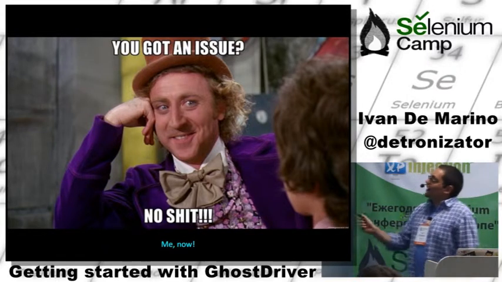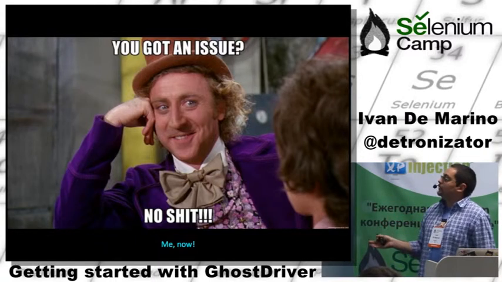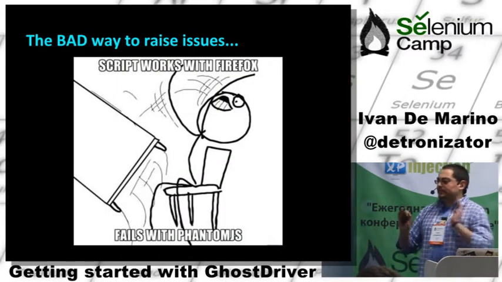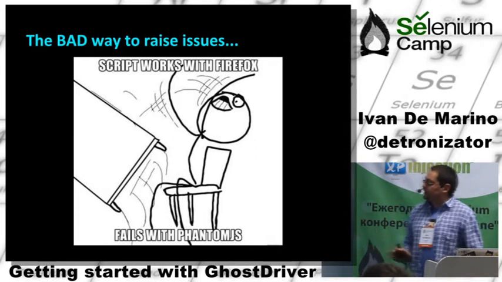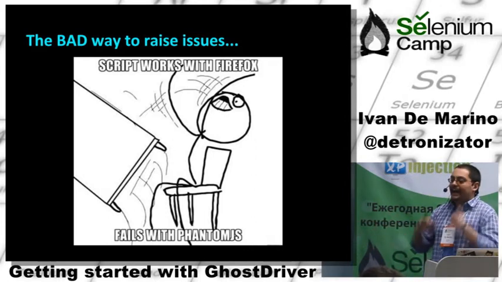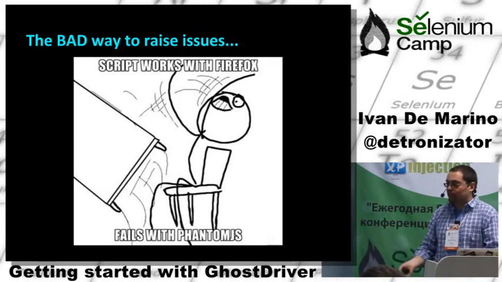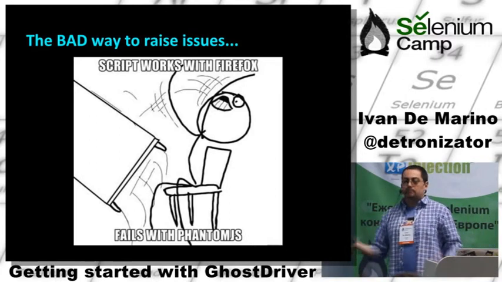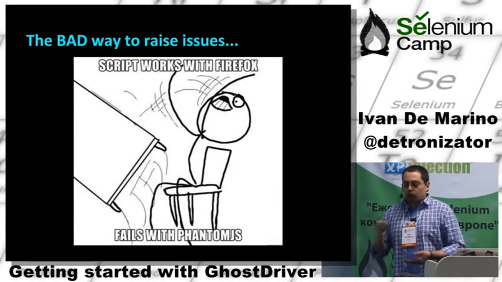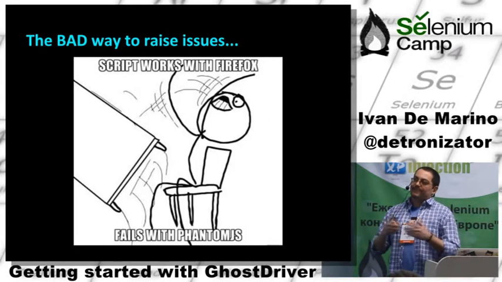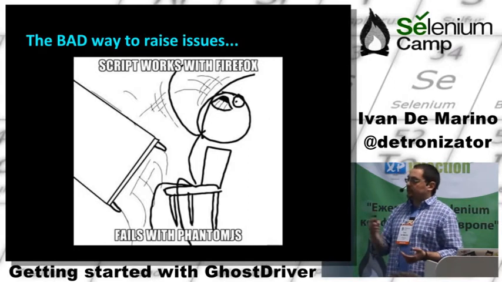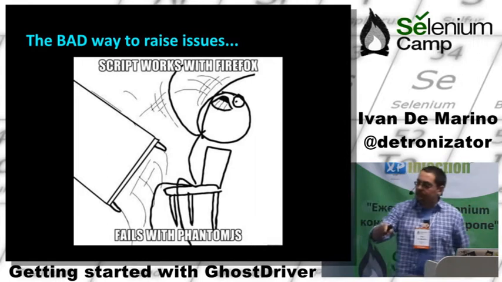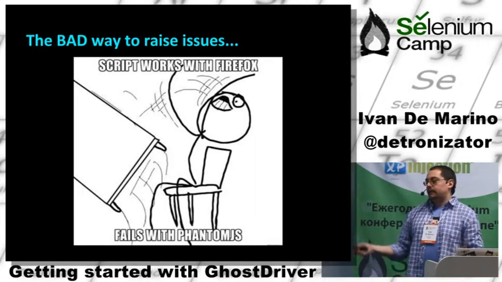Particularly, this was the way issues were raised most of the time. People would come and say, oh, but this thing works with my Firefox, why is it not working with PhantomJS? Help me understand what you're trying to do. Help me make mistakes. I have made mistakes, and I am still fixing bugs. Currently I'm dealing with a very tricky situation: I need to better implement the wait time when you click on an element and possibly start a page load.